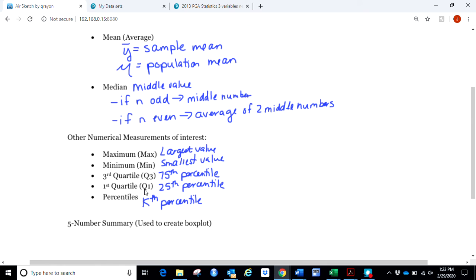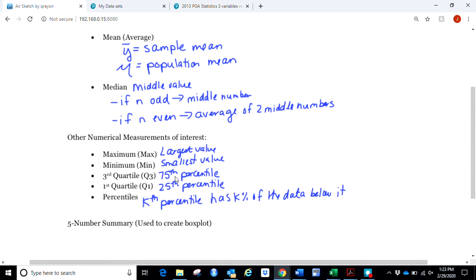So the kth percentile will have k% of the data below it. So for example, my son is at the 95th percentile for his height for boys his age. That would mean that 95% of the boys his age are shorter than he is.